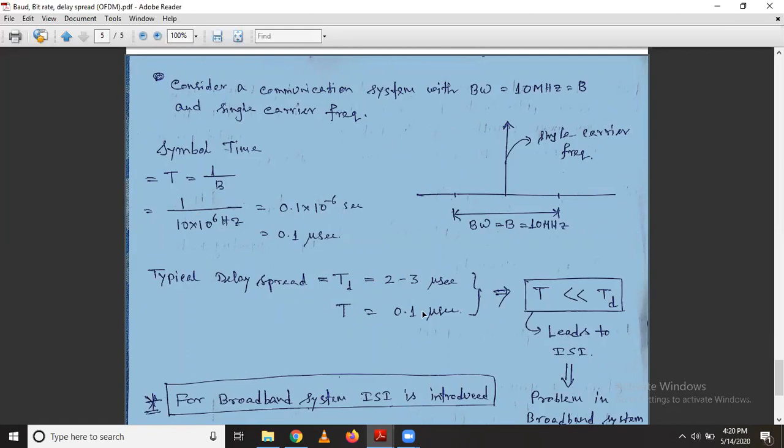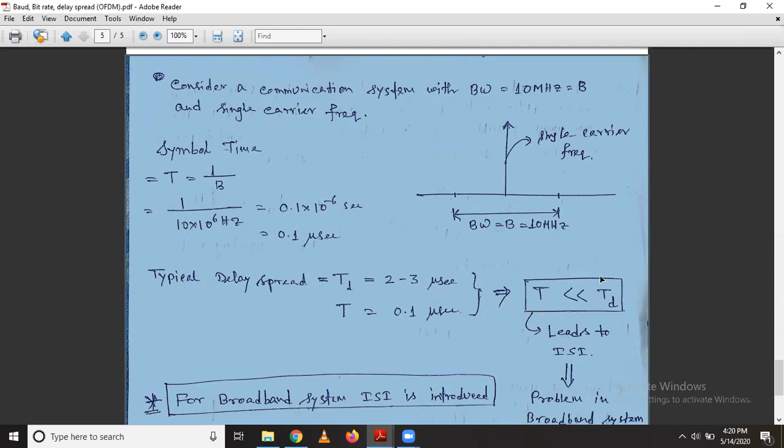So if symbol time is much less than the delay spread, denoted by TD, where delay spread is 2 to 3 microseconds and the symbol time for this example is 0.1 microsecond, then symbol time is much less than the delay spread time.